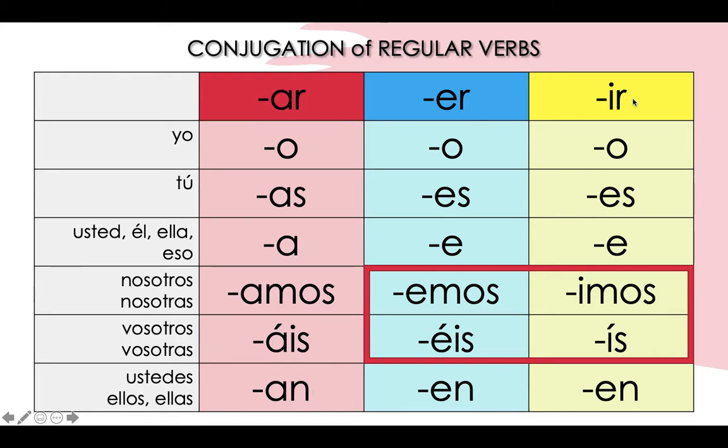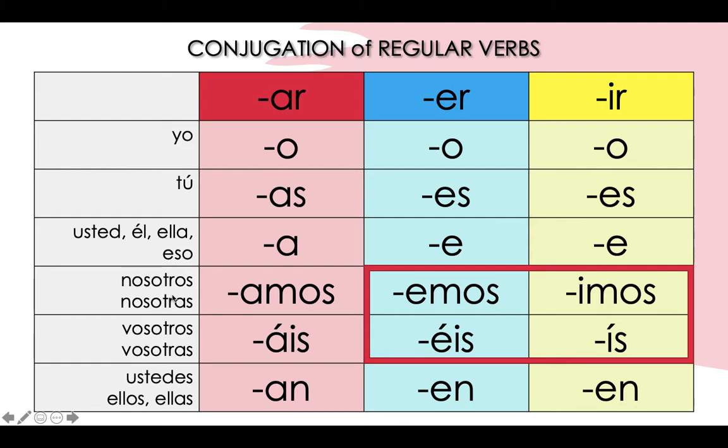Then for ER and IR, like tener or venir, we keep the O the same, and the tú changes to es for both of them. The usted, él, ella, eso form changes to e, and the ustedes, ellos y ellas form changes to en.